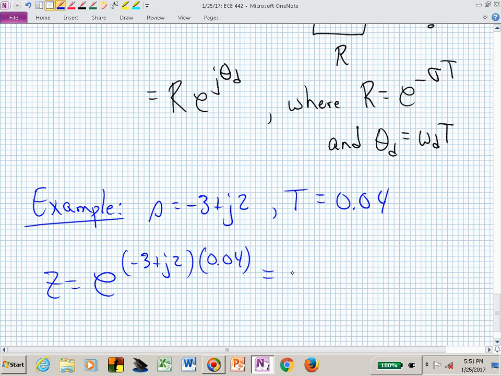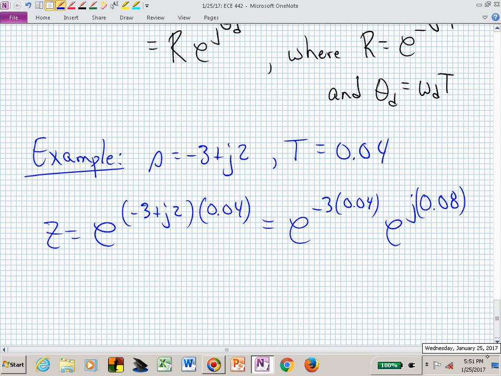Or this now becomes e to the minus 3 times 0.04, e to the j, let me just go ahead and multiply 2 times 0.04, or that's now 0.08. Or what is that? Well, that's now e to the minus 0.12, and that's just a number.